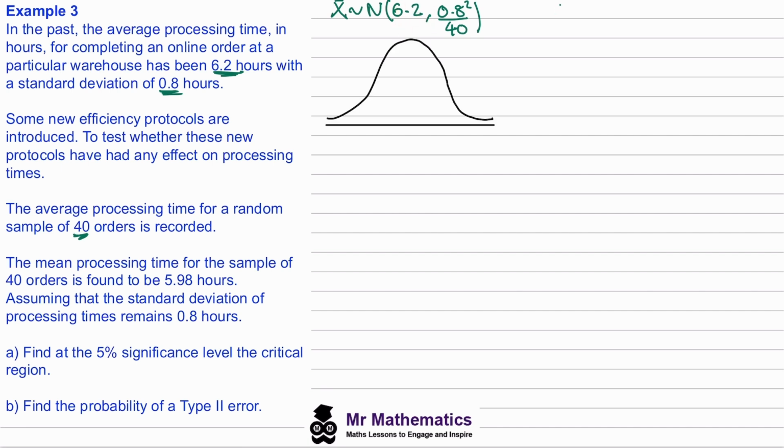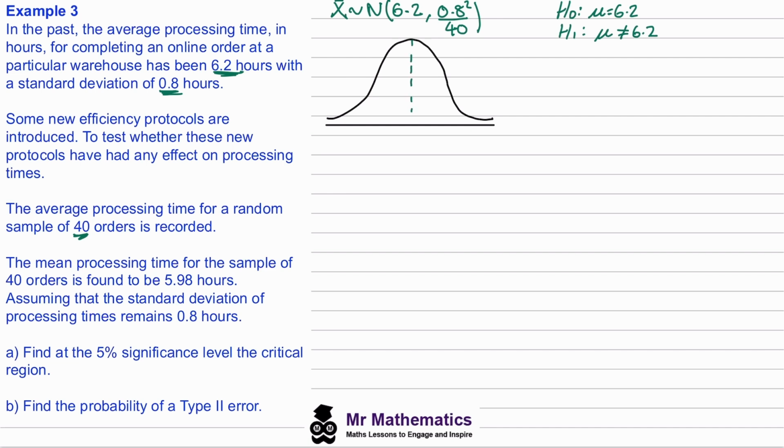I also need to state the hypothesis that H0: mu is equal to 6.2, and the alternative hypothesis is that mu does not equal 6.2. Because we haven't been told in the question whether we're testing if it's less or greater than, so we must be testing for both. This will make it a two-tailed test.